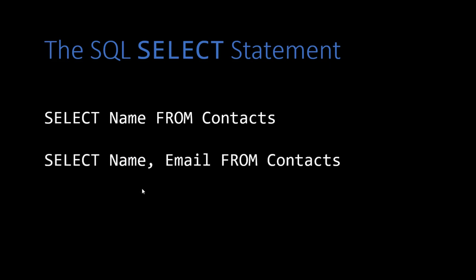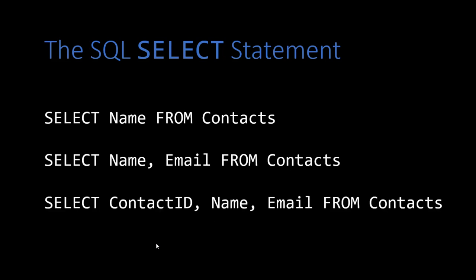Here's another example where we want to get the name column and the email column. Select name, comma, email from contacts. So that gives us the name column and the email column for every row in the contacts table.